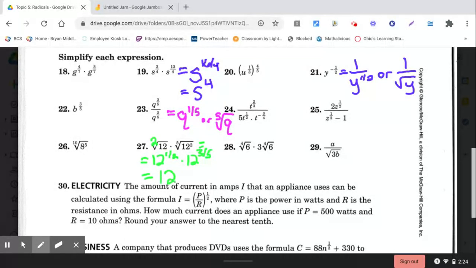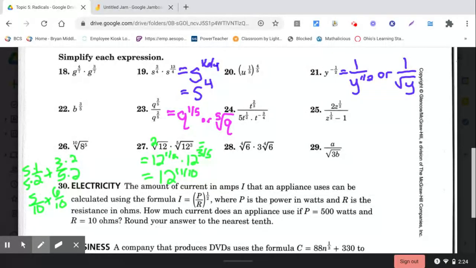So I'm going to do 1/2 plus 3/5. And I'm going to need common denominators to be able to do this. So I'm going to have to multiply by 2 and multiply by 5. So this is the same thing as 5/10 plus 6/10. So this is going to be 12 to the 11/10. And that's fine. We can leave our answer that way. We could rewrite it as a radical, but I like that answer.